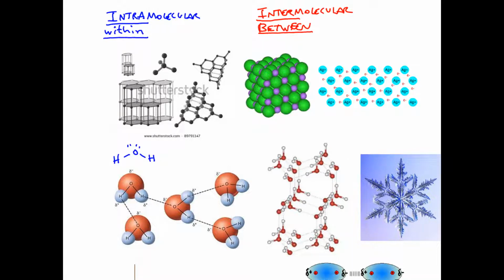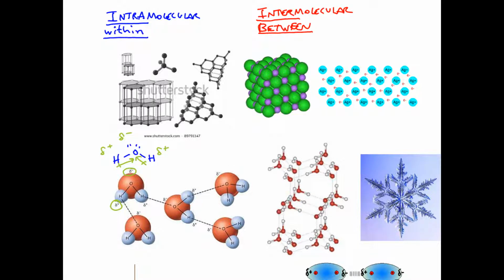You know that there's a polarity in this bond, so you can either do one of these arrows like this that we learned on the VSEPR papers, or you could do a little delta negative and delta positive. And so you see that the O is going to be a little bit negative, and each H is going to be a little bit positive. All right, so that's shown on this diagram right here. Here's a delta negative, here's a delta positive of one water molecule.